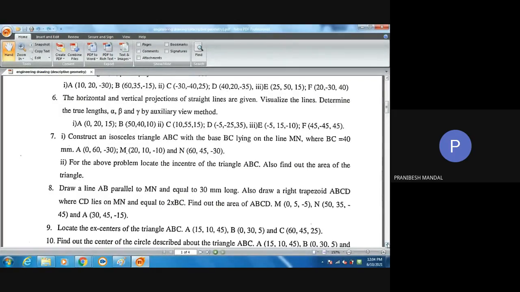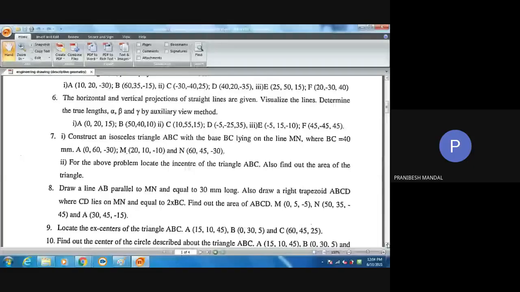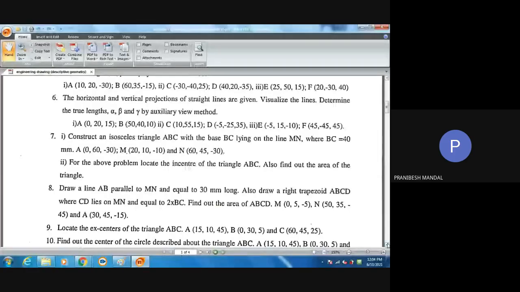Number 6 is the problem that will actually ask you to get it by auxiliary view method, right? Yes, sir. Those are a bit offline, but you can have this particular thing done with this particular method.